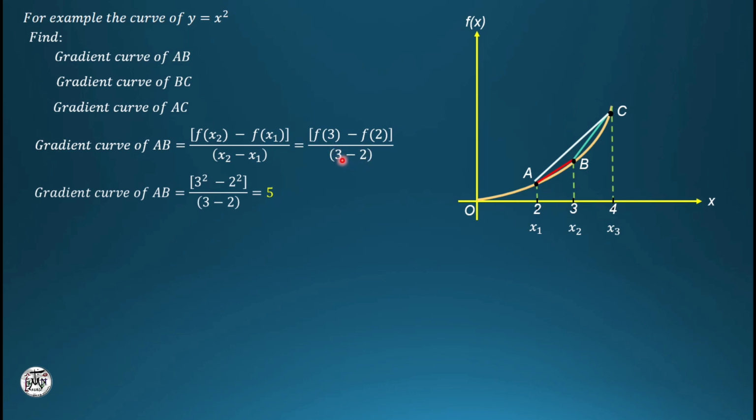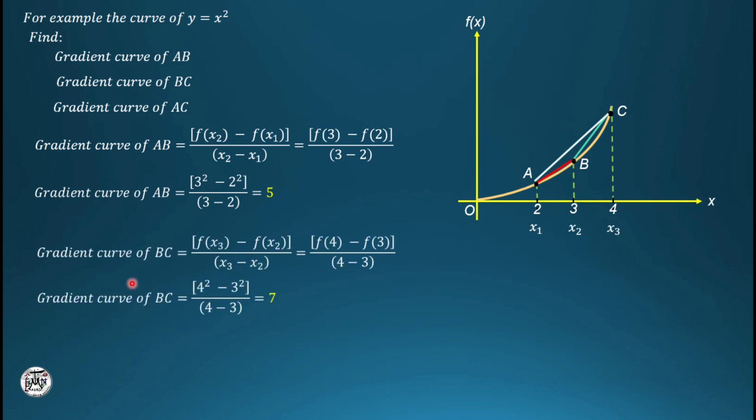Substitute: 3 squared minus 2 squared over 3 minus 2, and the result is 5. So the gradient of the curve EB is 5.